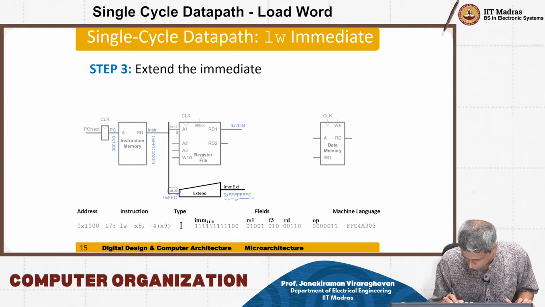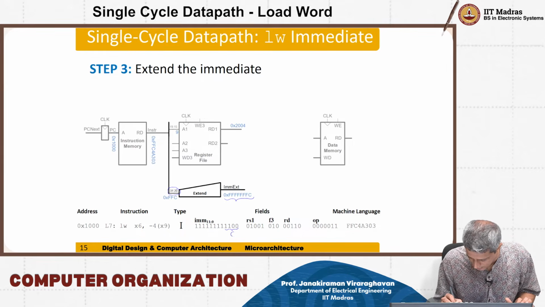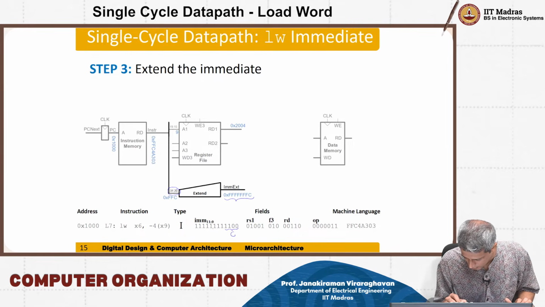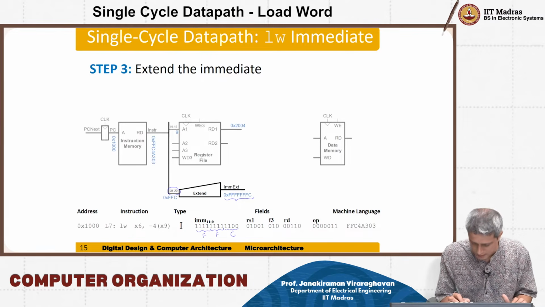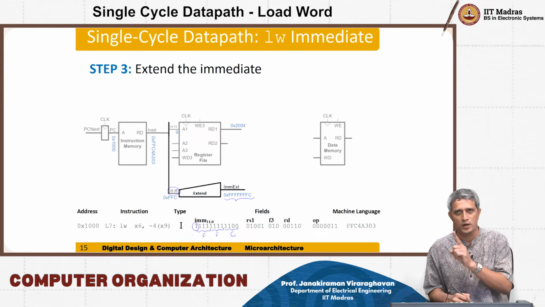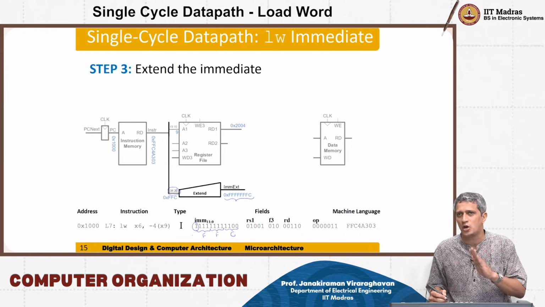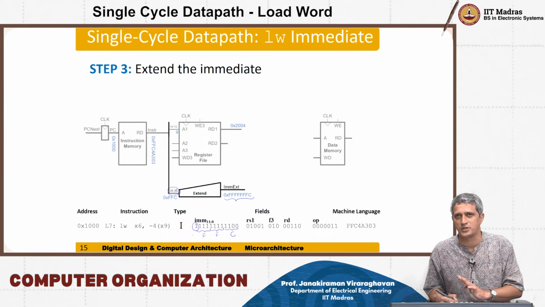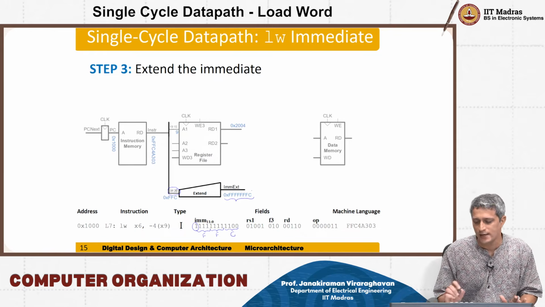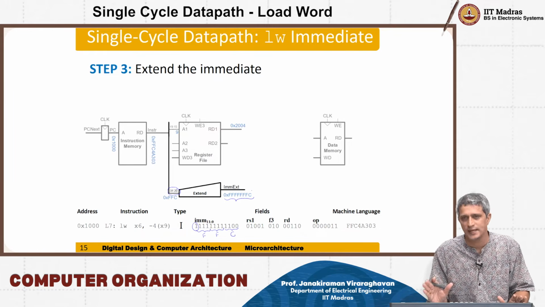If you look at this, this is C. Now when I sign extend, I'm going to just sign extend this one all through, and therefore that's all F's. Sign extension does not change the value in 2's complement representation. Therefore this is a very valid operation, and you're just extending it like this.